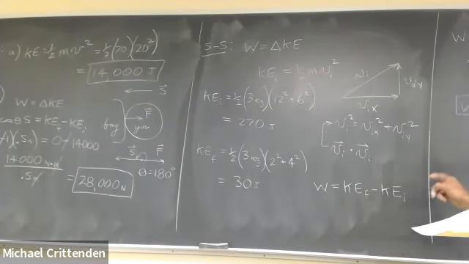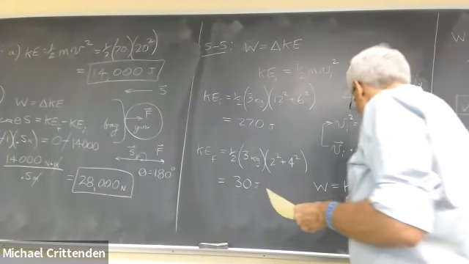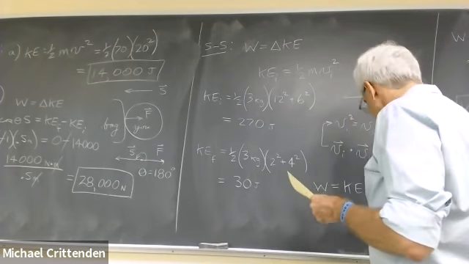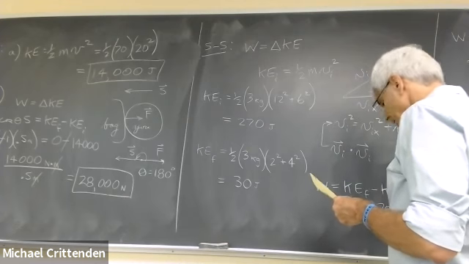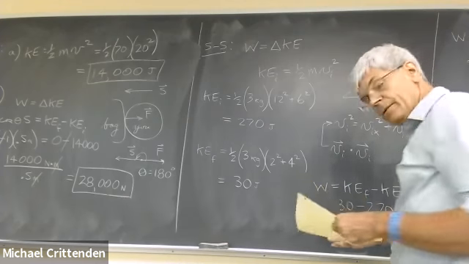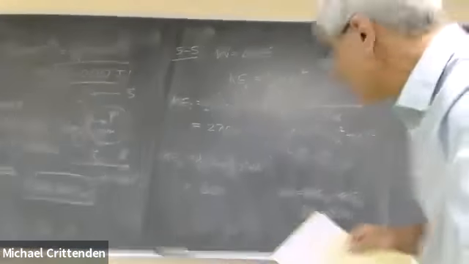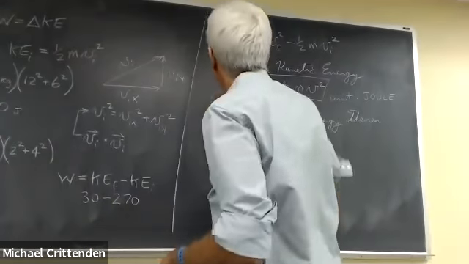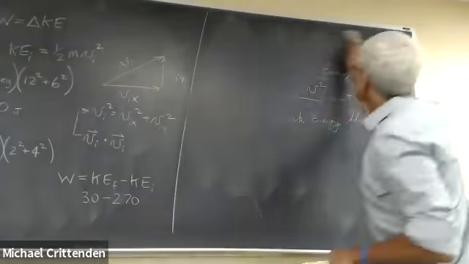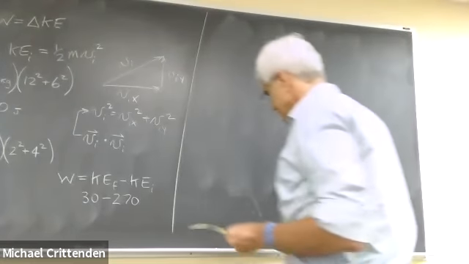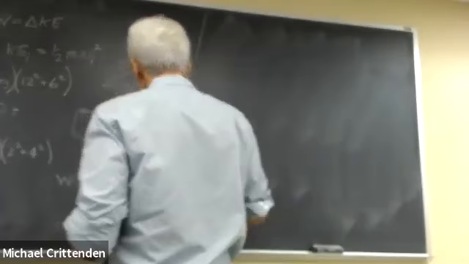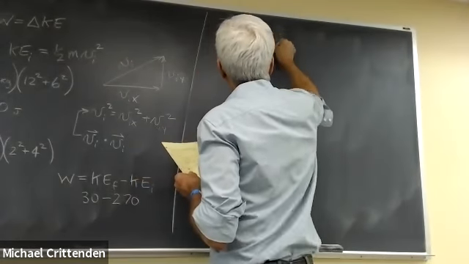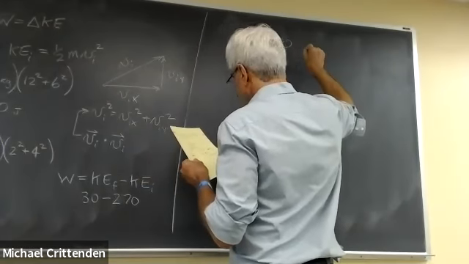It means final minus initial, which in this case is 30 minus 270, which comes out, I guess I'm going to shift over to here, negative 240 joules.